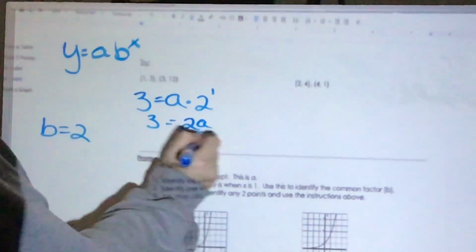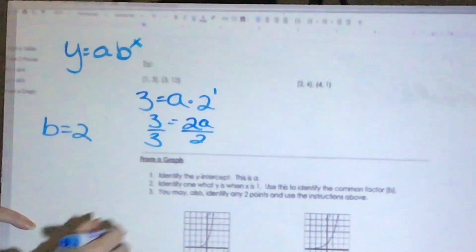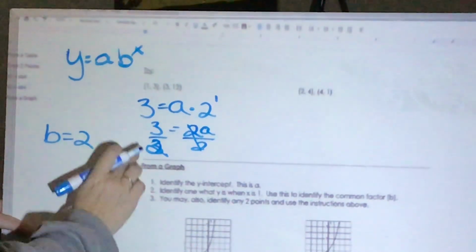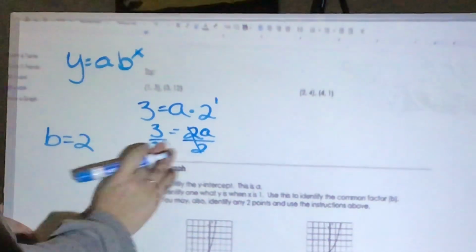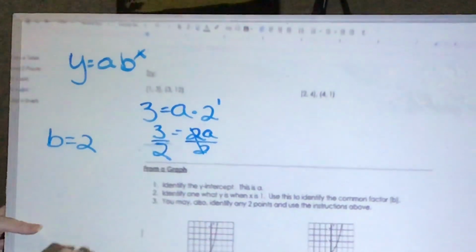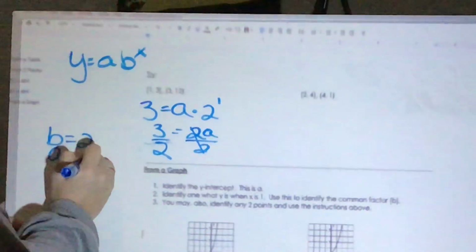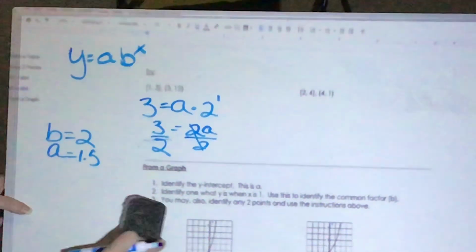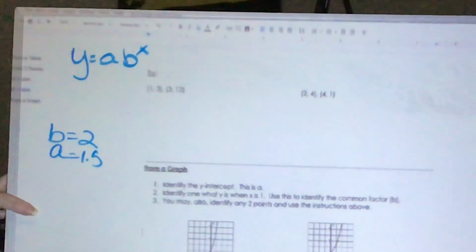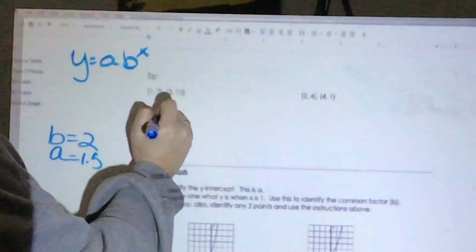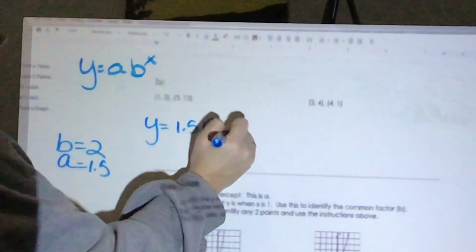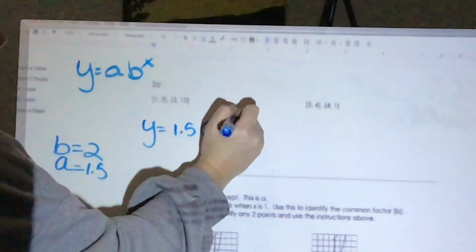If I divide by 2, I know that my a has to equal 1.5. So now that I have both my a and my b, I can rewrite the equation so I have it written out nicely. Y equals 1.5, in parentheses, the 2 to the x power.